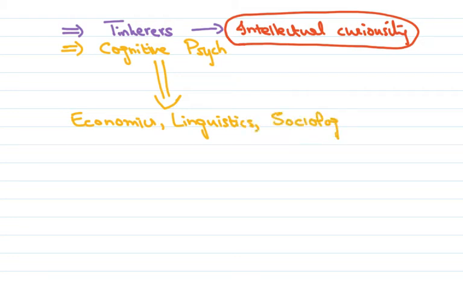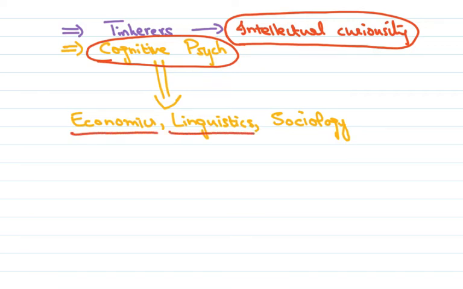How so? You might ask, how can research from cognitive psychology be used in any useful way in economics or in linguistics or in sociology?